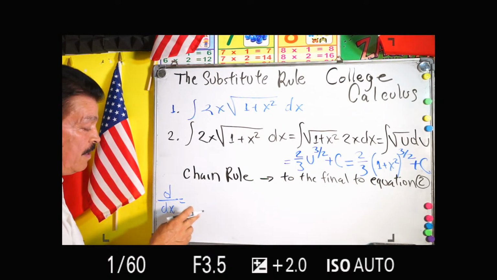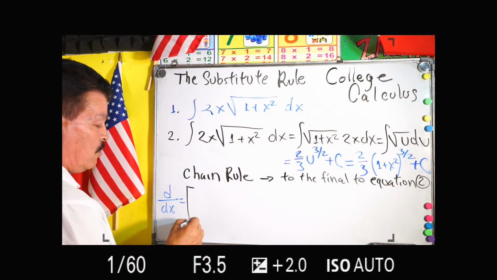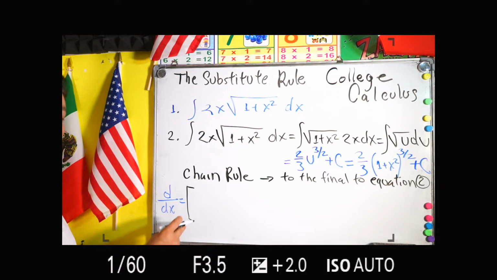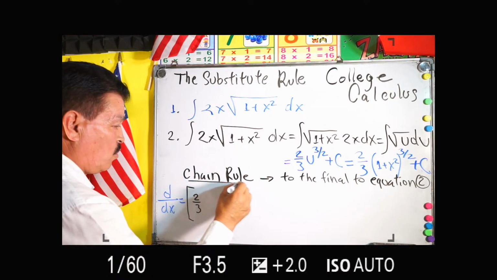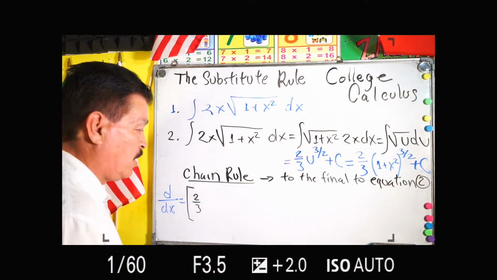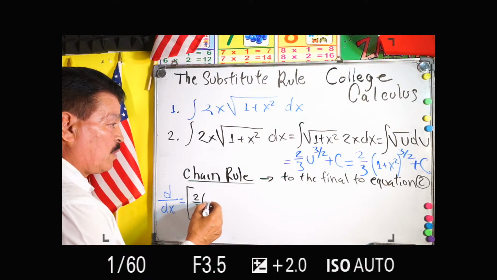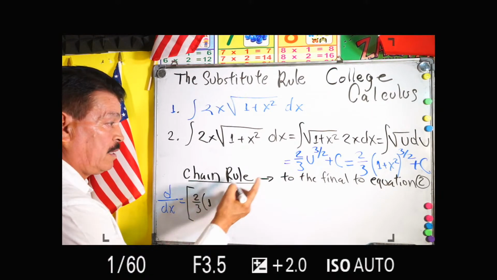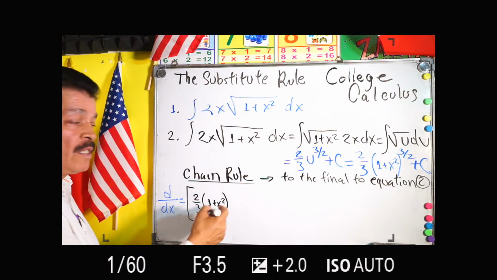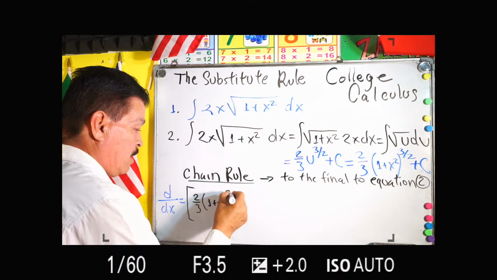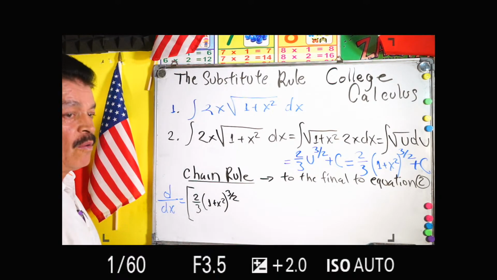Now the final step. Open the bracket and let's write 2/3. Remember this chain rule; we have to remember the chain rule at this point. Then we write 1 plus x to the second power, to the 3/2 power, plus c.